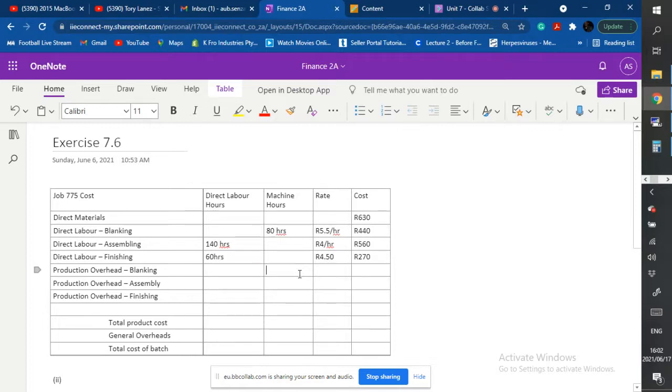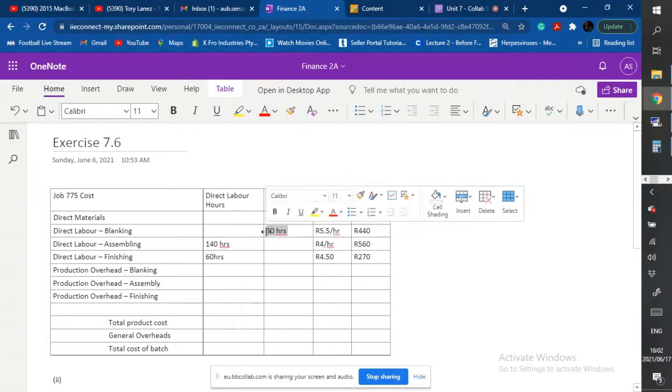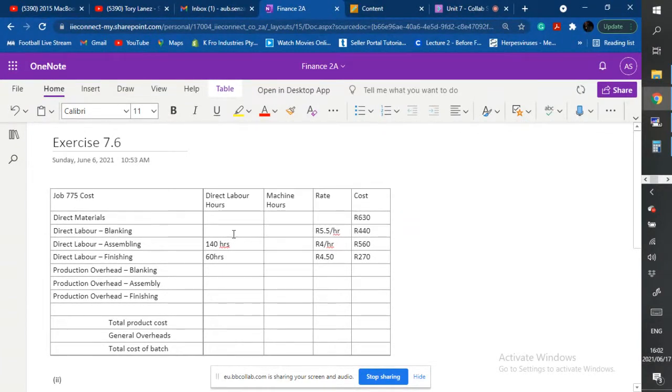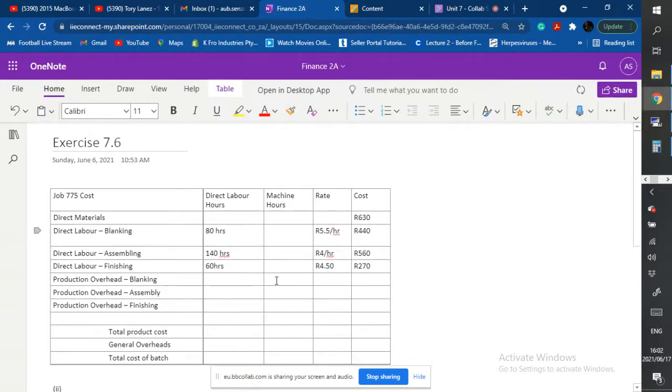So again, here, oh, so this was actually a mistake. Here I'm actually, because this was in relation to direct labor, not in relation to the production overheads. My bad.